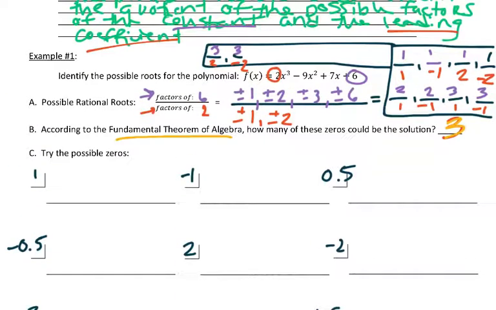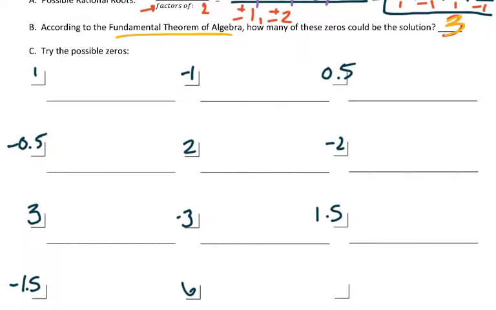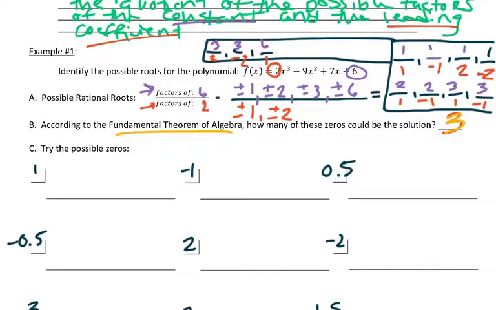Alright, then our last ones are going to be 6 over 1. So our next option is 6 over 1, and that's of course going to leave us with a 6. And then we also have a 6 over negative 1. Alright, and that is going to leave us with a negative 6.